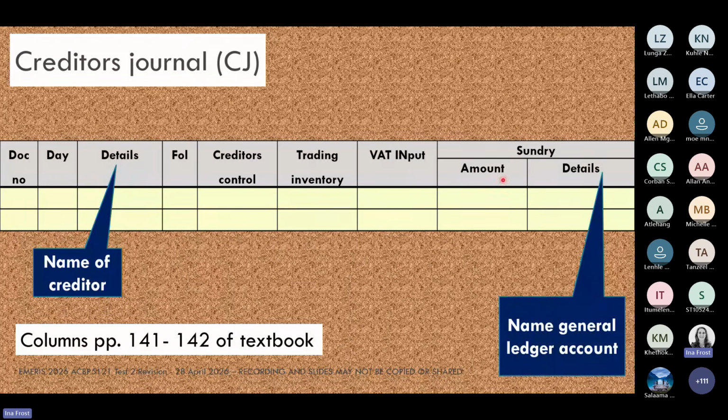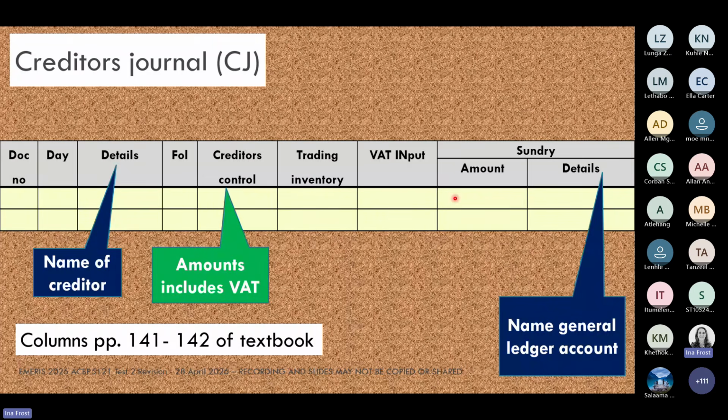In the second details column, the one right here at the end of your creditors journal, you're going to write down your general ledger account name. So that is when we buy on credit and it's not trading inventory. Because remember, this journal is for all credit purchases, so it's credit purchases of inventory and anything else that we buy on credit.